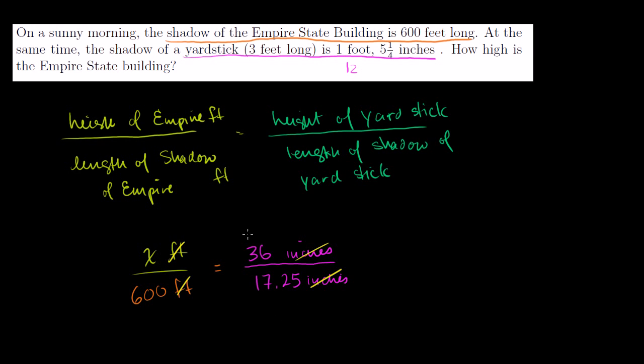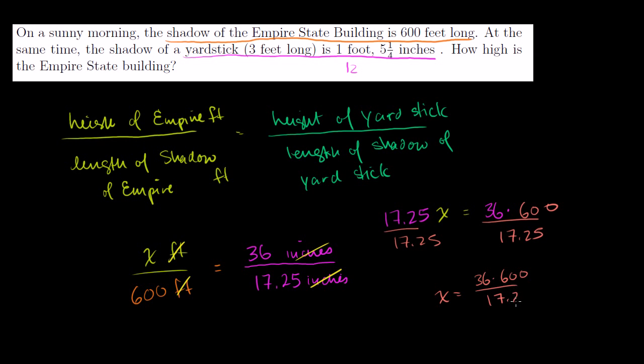So 17.25 times x is equal to 36 times 600. Then we can divide both sides by 17.25. So x is equal to 36 times 600 over 17.25.